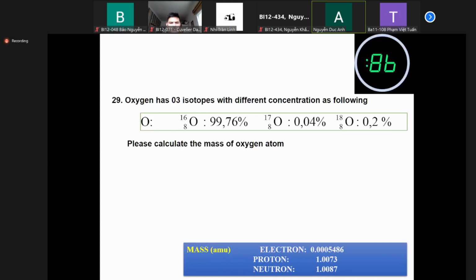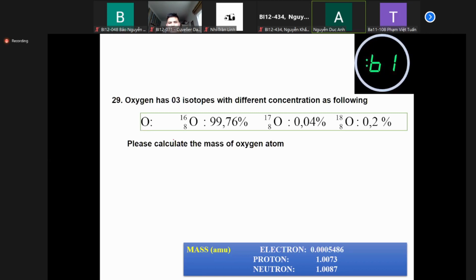Oxygen has different isotopes with different concentrations. Okay, so calculate the mass of the oxygen atom. It means that you have to calculate the average mass of all the isotopes here, in relation with the concentration of the isotopes.